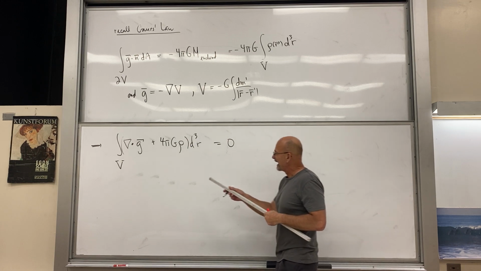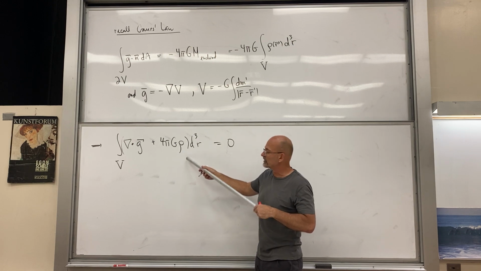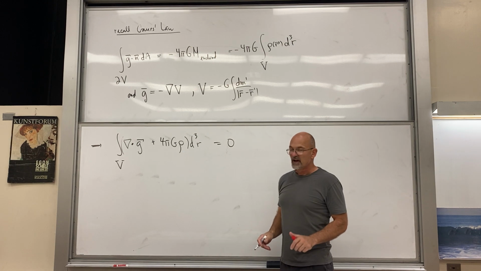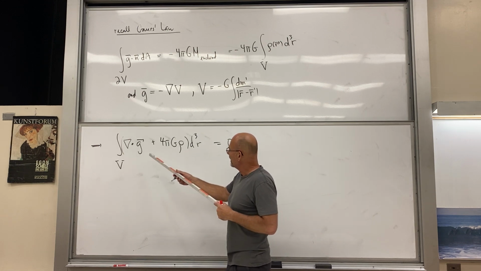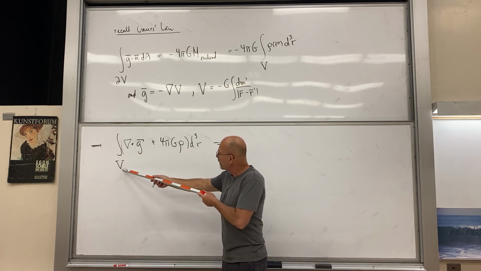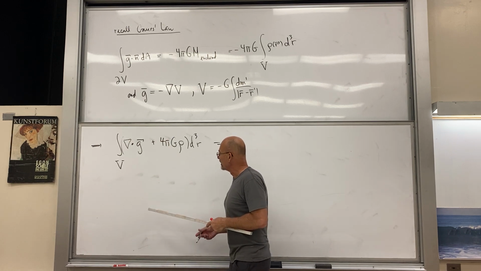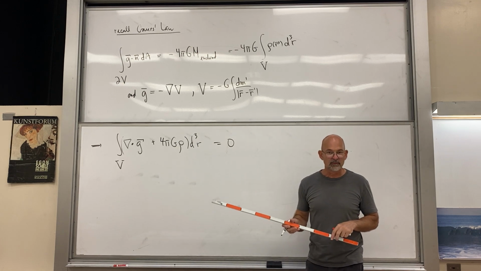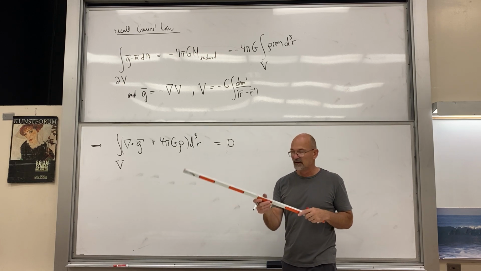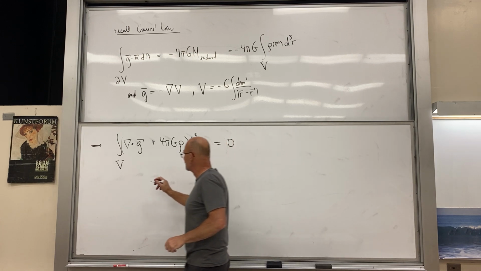Now, can we just conclude that this integrand here vanishes? Generally speaking, we cannot, but under these circumstances, since we say this is true for an arbitrary volume anywhere in this entire space, then since it's an argument similar to the fundamental theorem of the variational calculus that we did a while ago, we can conclude that the integrand vanishes.